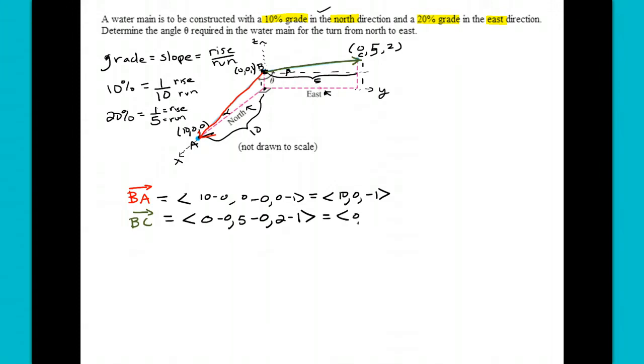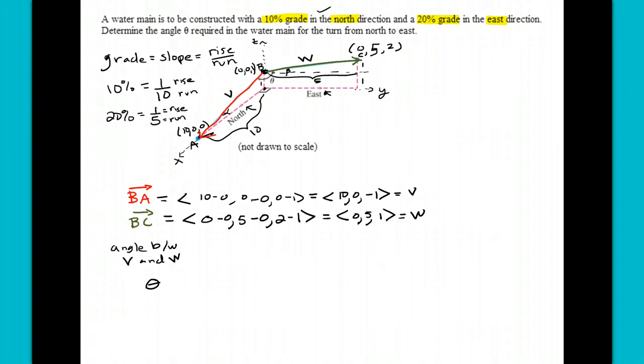Final result, 0, 5, 1. We have our two vectors. Let's call this one V, the other one W. Now we have them as vectors, and in essence we're just looking for the angle between V and W. The angle between V and W is called theta.